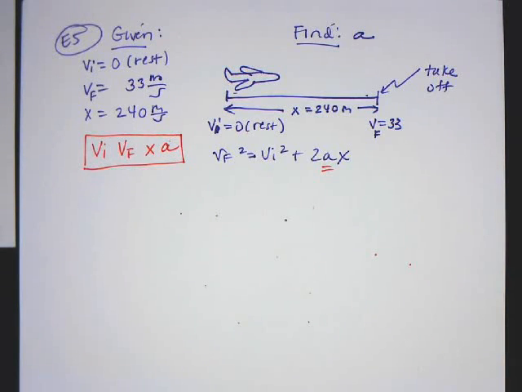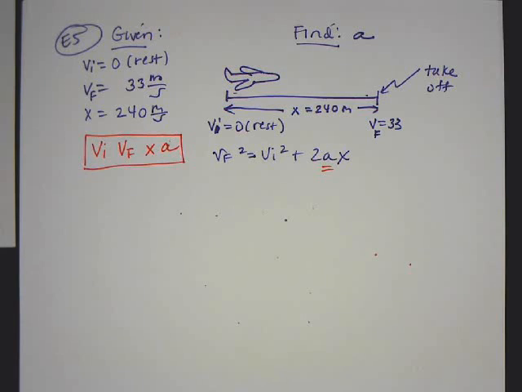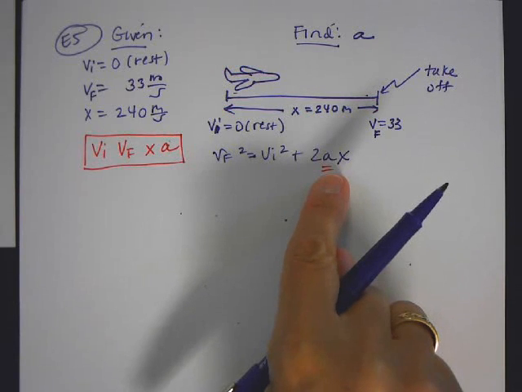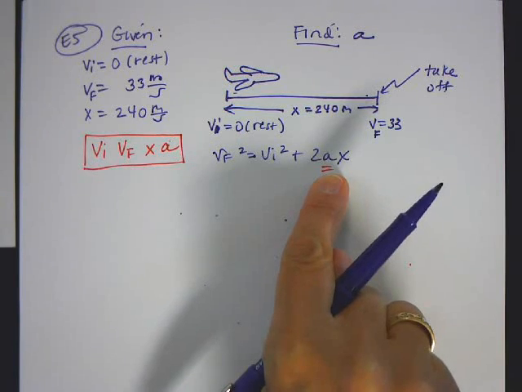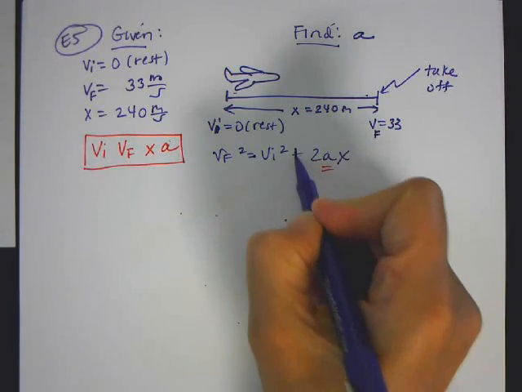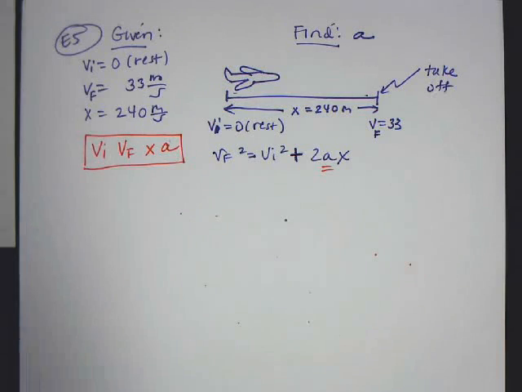Am I just going to plug my numbers in? No. I'm going to rearrange the equation to solve for the unknown in terms of the known. So we can do it step by step. If I want to solve for A, it needs to be in the numerator all by itself on one side of the equal sign. Because there's a plus here, remember we have to know order of operations in math.